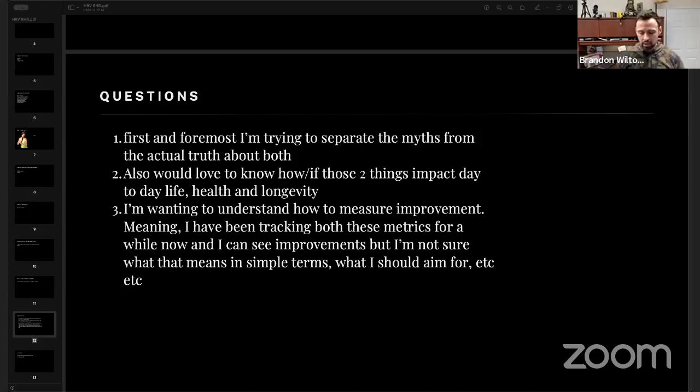You want to change your behaviors to change your nervous system to lead to overall better health, which will then reflect in the HRV number. So slow, patient, consistent, simple habits over time.